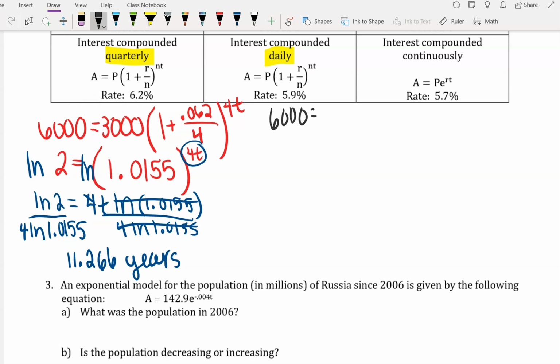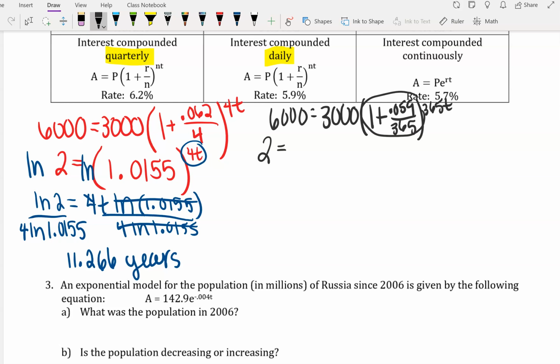6,000 equals 3,000 times 1 plus our rate is now 0.059 over compounded daily. There are 365 days in a year, so it's going to be 365 to the power of 365t. Divide both sides by 3,000. We'll get 2 equals, and then I'm going to simplify again what's in these parentheses.